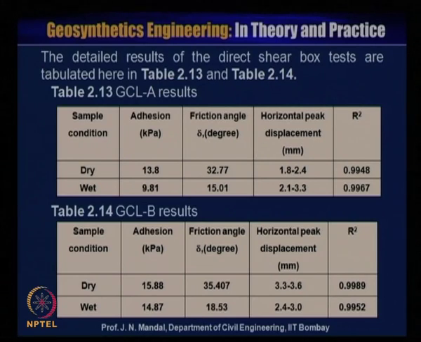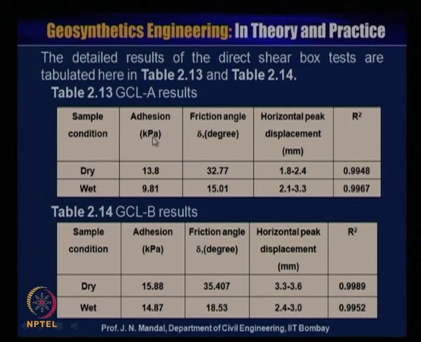Here, detailed results of the direct shear box test are tabulated in this figure. You can see the sample condition, whether it is dry or wet, the adhesion value is 13.8, this is 9.81, friction angle delta is 32.77, and for wet condition 15.01, horizontal displacement in dry condition 1.8 to 2.4 millimeter, and wet condition 2.1 to 3.3 millimeter, and R square is 0.9948 and 0.9967.